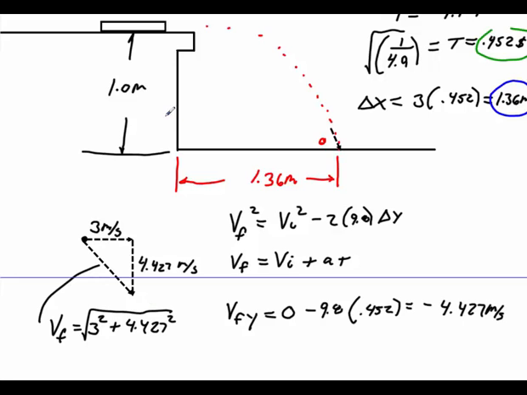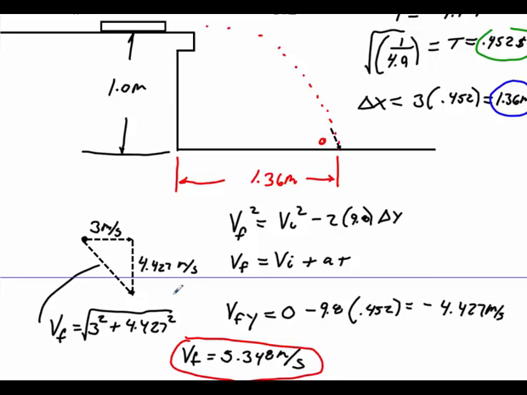That gives me a velocity at impact of 5.348 meters per second. So that's going to be my velocity at impact. Oops, I don't want to do that in yellow, I want to do it red. Then we have velocity at impact.